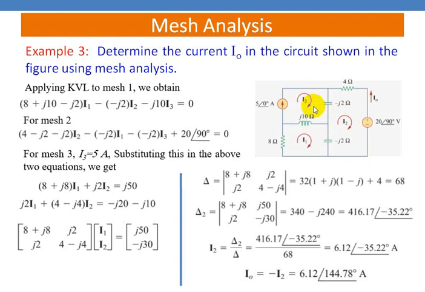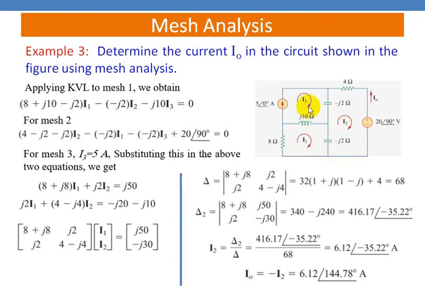Now we will write the equations for each mesh. Apply KVL and write the equations. Here this element, minus J2, is common between mesh 1 and mesh 2. If you see the currents, I1 is flowing in the clockwise direction, from top to bottom, whereas I2 is flowing from bottom to top. So the current directions are opposite.